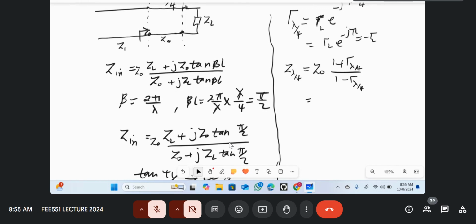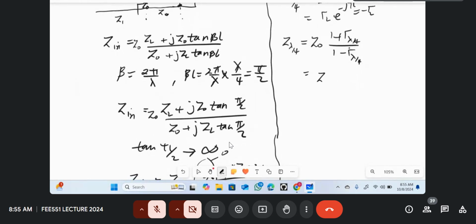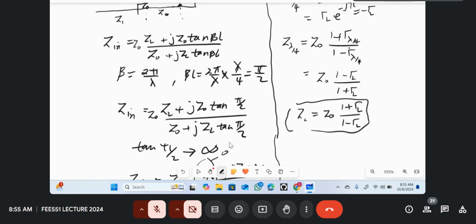Inserting that in your formula, you will have something like this: 1 minus gamma L over 1 plus gamma L. So generally, ZL is Z0 times (1 plus that) over (1 minus that).